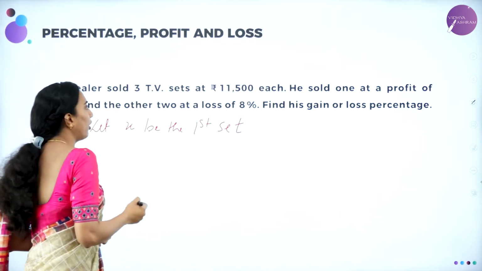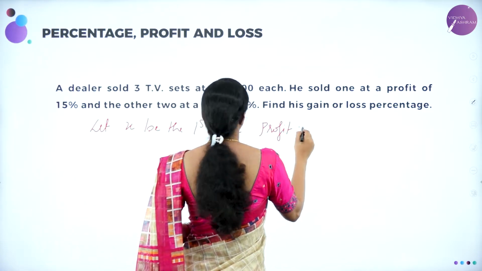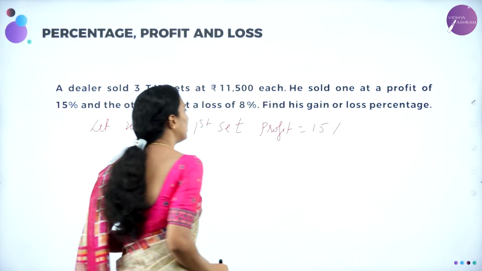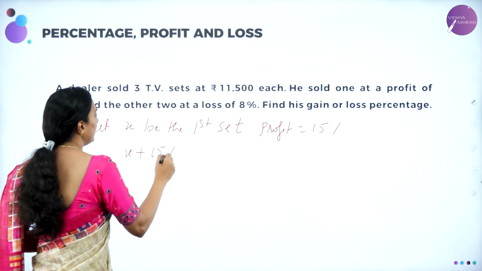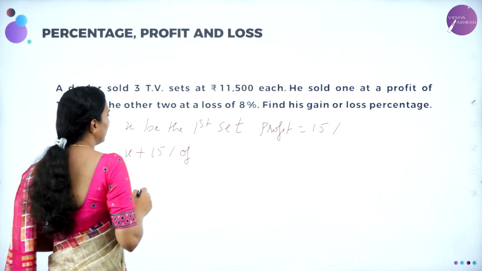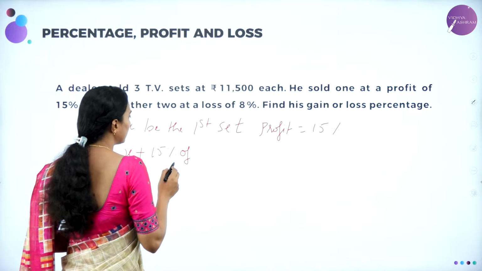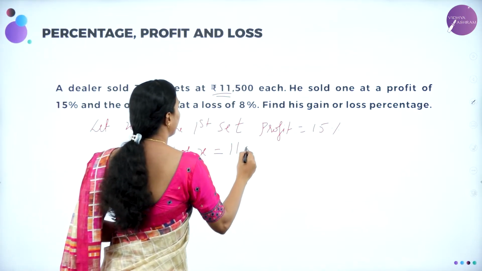So he is going to make a profit, what will it be? Profit will be equal to 15%, right? So therefore, you are going to have x plus 15% of x, isn't it, equal to how much? 11,500.